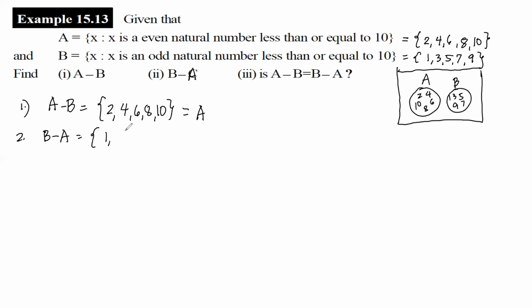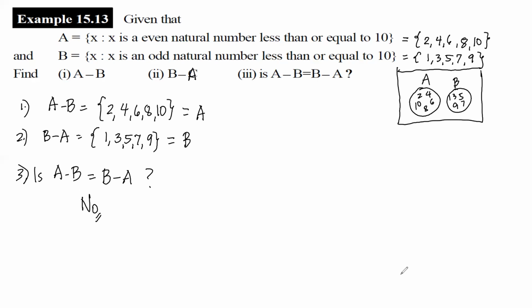And of course, we still have 1, 3, 5, 7, 9, which is equal to B. Clearly, so number 3: is A minus B equal to B minus A? Are they equal? Obviously, no. Okay, they are not equal. Right, so let's continue.